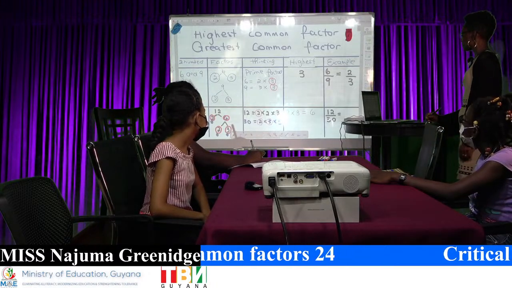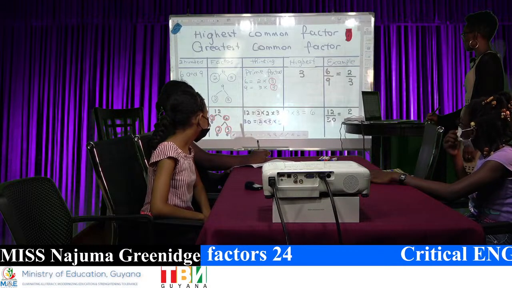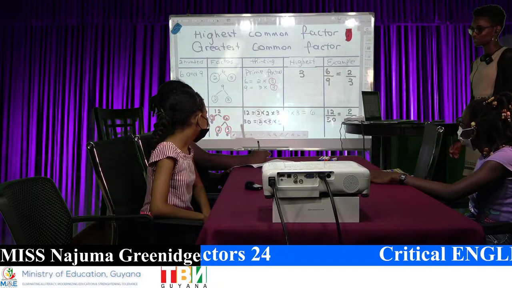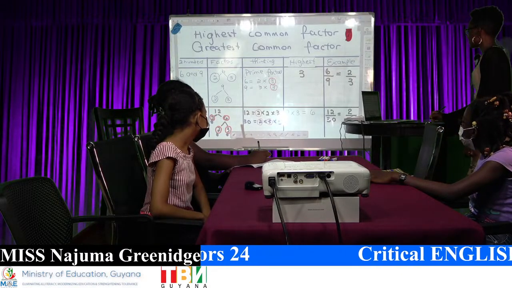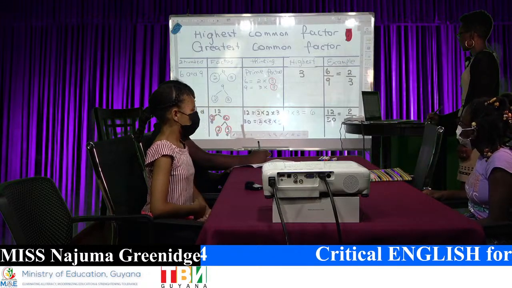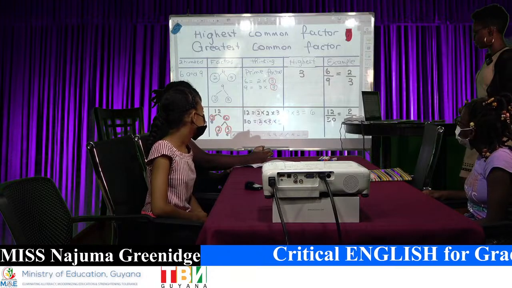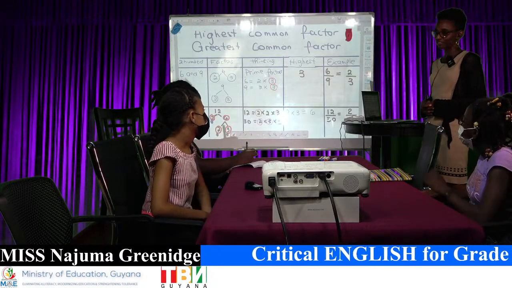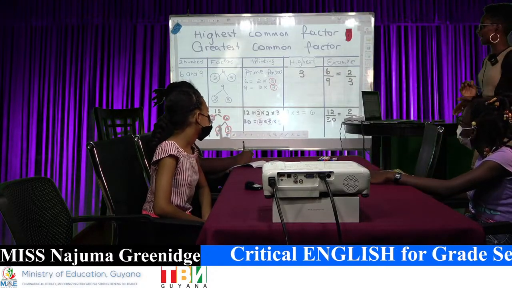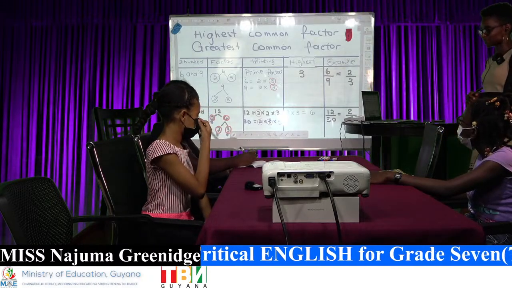So 6 can go into 12 how many times? 2 times. How many times will 6 go into 30? 5. So our fraction, which is 12 over 30, has been reduced to 2 over 5 by using the highest common factor concept or the greatest common factor concept.